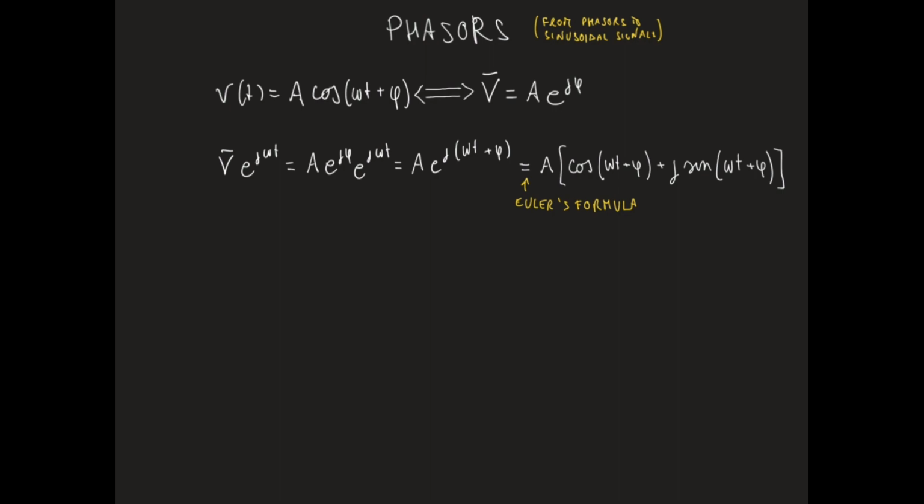Note that the real part of the complex number we get corresponds to the sinusoidal signal v of t we started from. Then v of t can be obtained from the phasor V bar by taking the real part of it. So v of t can be written as the real part of the phasor V bar times e to the j omega t.